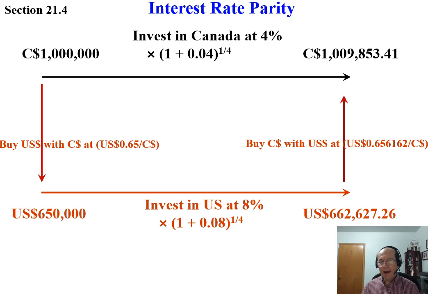So we will buy Canadian dollars with US dollars by using the forward rate, which says that it takes 0.6562 to buy 1 Canadian dollar.